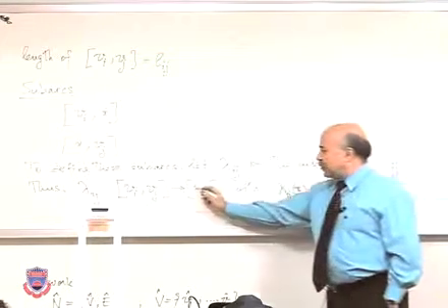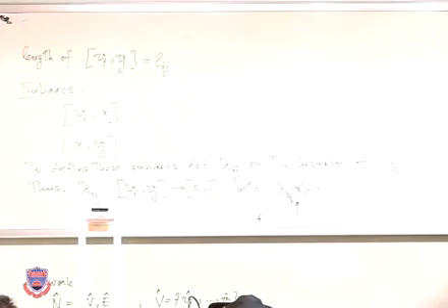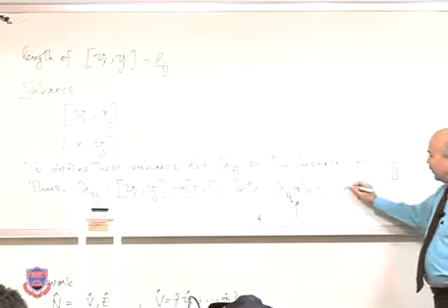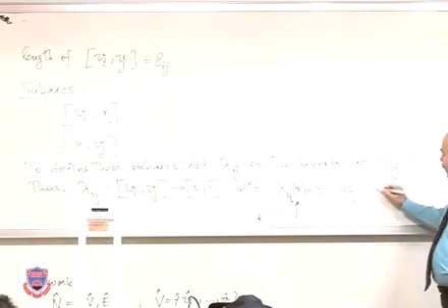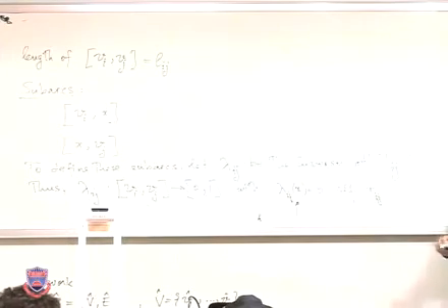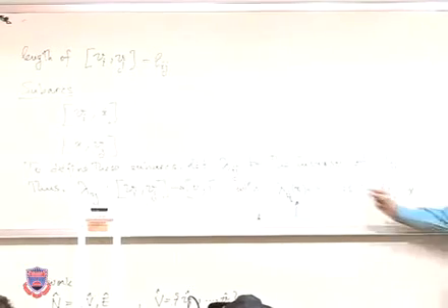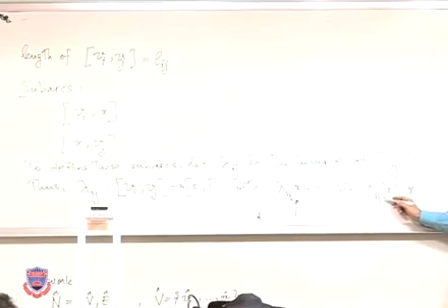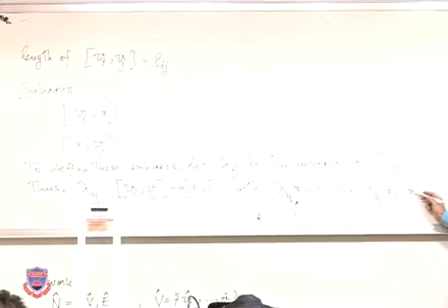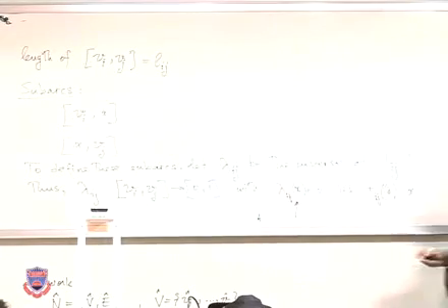So delta is a number in the range. And this is true if and only if Tij assigns to delta the point x. Okay? This is the inverse relationship between the two functions. Lambda ij of x is delta if and only if Tij of the number delta is the point x. That's the idea here.